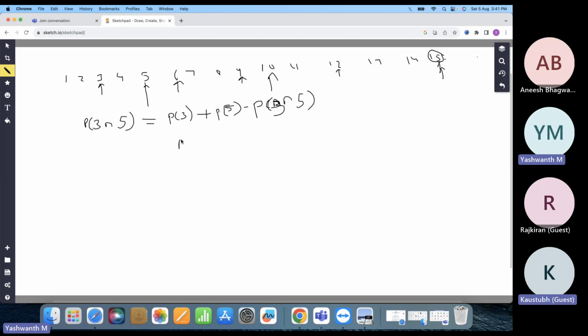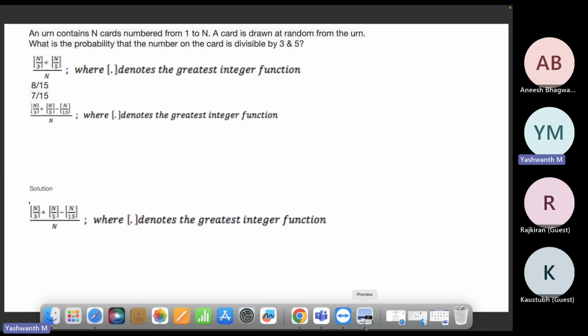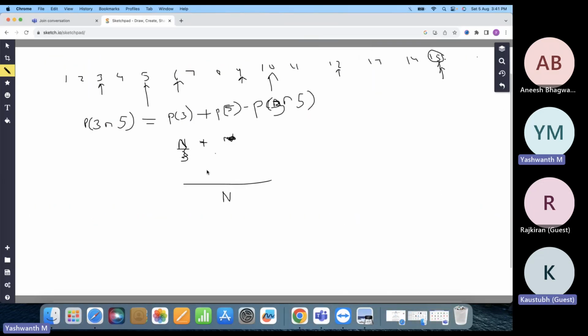Out of n, you have n over 3, and you have n over 5, and for 3 intersection 5, every 15th is divisible by both 3 and 5.